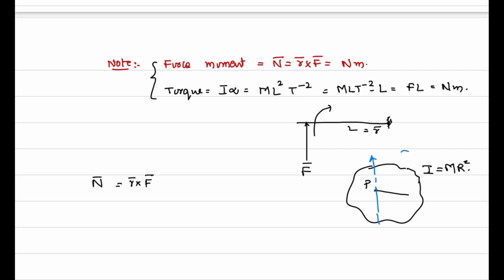When the rigid body is rotating with an acceleration of alpha, then torque will be, as if here external force is applied and a distance is known. Here moment of inertia is known and the rotational acceleration is known. Then torque tau is equal to I alpha.